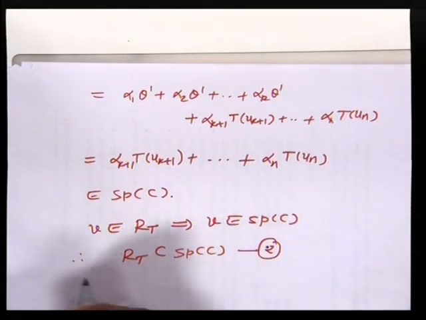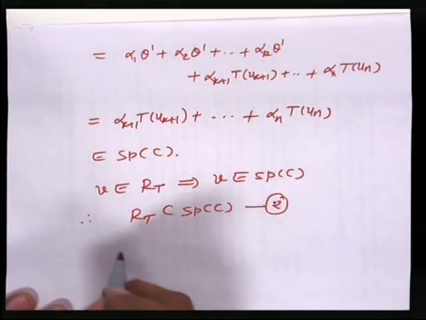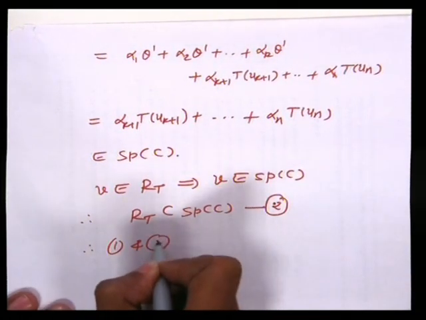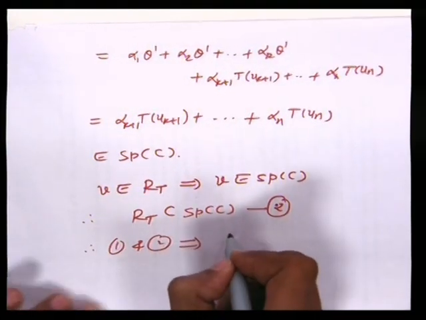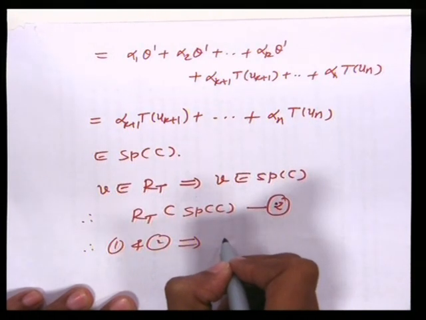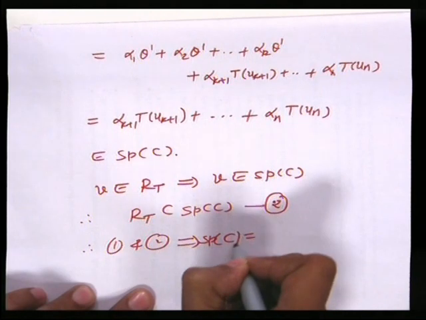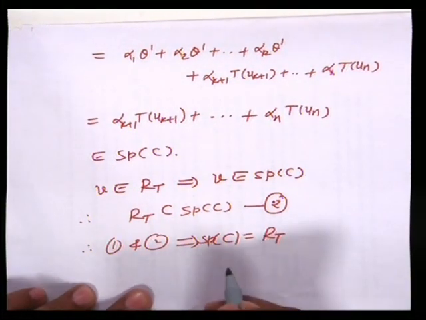From 1 and 2 equality follows, that is span of C is equal to the range space RT.